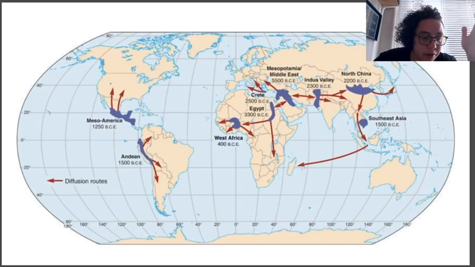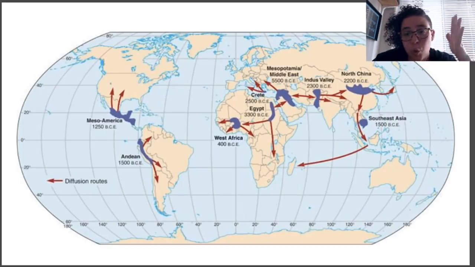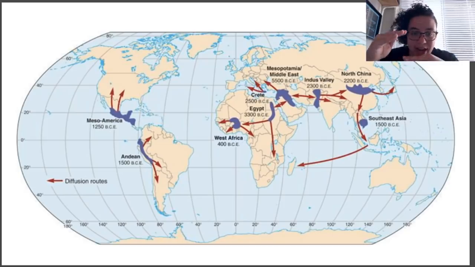And then the other thing is just a quick map to show you where these early civilizations sprung up. So remember, all of them are by water. All of them are generally kind of close to the equator. And that's because of the climate there, right? You can kind of see this section in the middle of the earth where that's where the early civilizations existed. But they're all over the world.